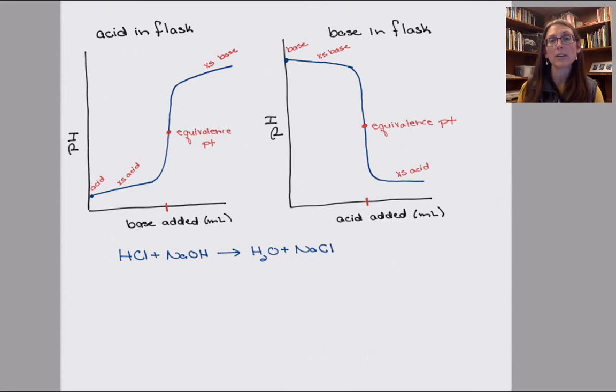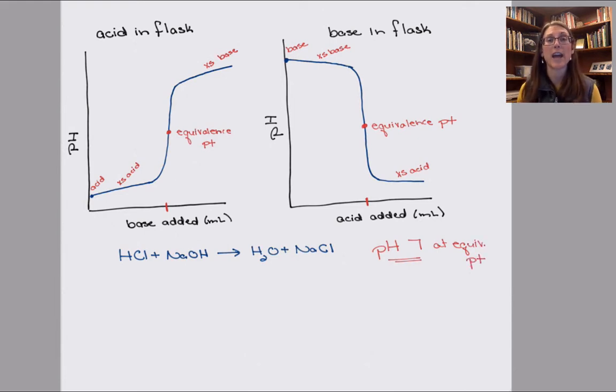Well, water is not going to impact the pH of the solution. pH is going to be right around 7 in a solution of pure water, while sodium chloride consists of spectator ions. So it's not going to impact the pH of the solution. And so you will always find that for a strong acid, strong base titration, the pH is 7 at that equivalence point.